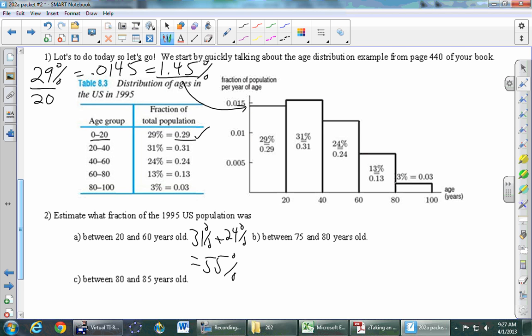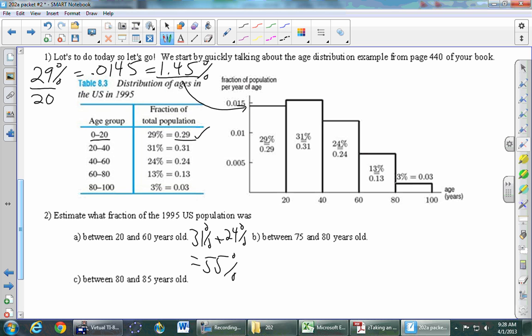Assuming that the chart is perfectly accurate, is this 55% an estimate or is it the exact answer? It's exact. If we believe the chart, then we believe exactly 55% of the population is between 20 and 60.